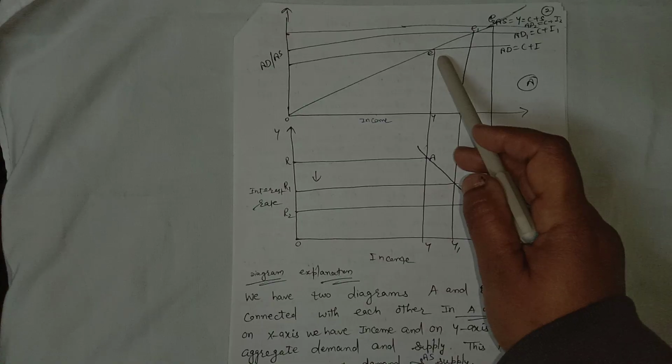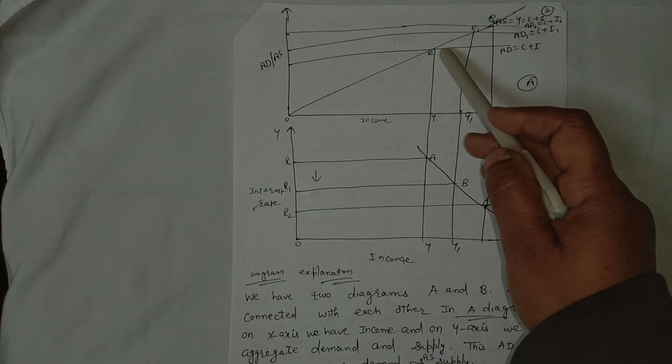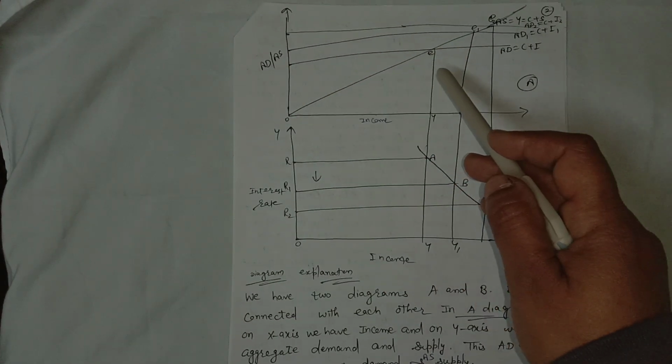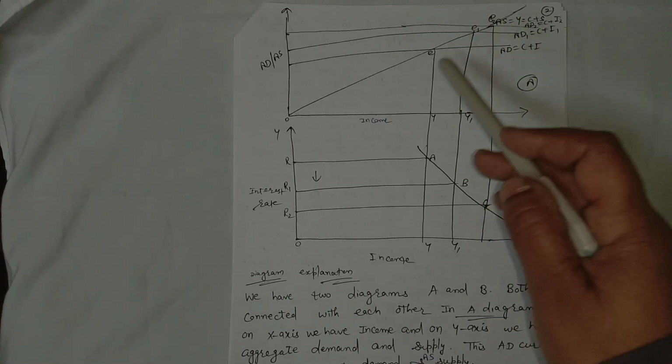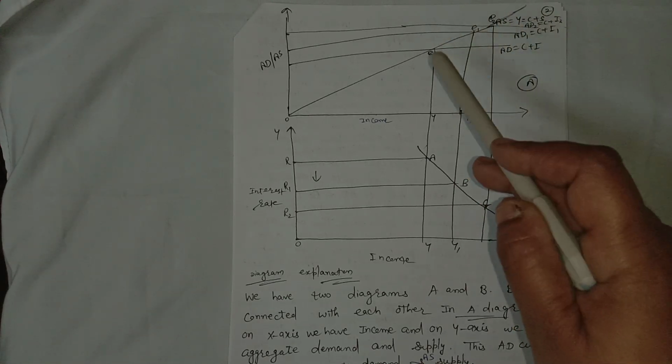So in diagram A, E is our initial equilibrium point where aggregate demand is equal to aggregate supply. That means the goods market is in equilibrium.